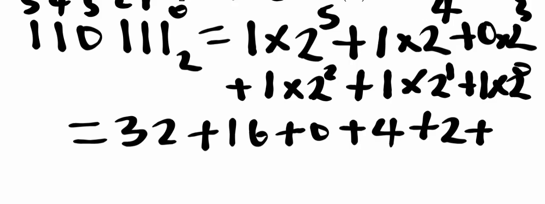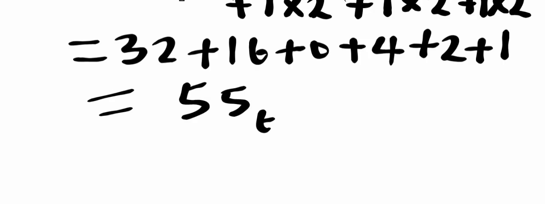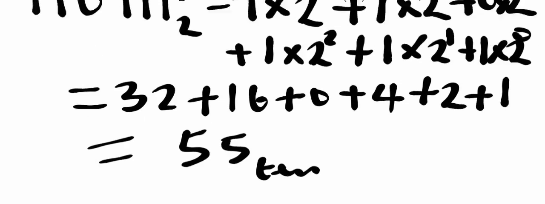When we add this up, 32 plus 16, 48, 48 plus 4, 52, 52 plus 2, 54, then plus 1, 55. So this gives us 55 in base 10. So our numerator has given us 55 in base 10.